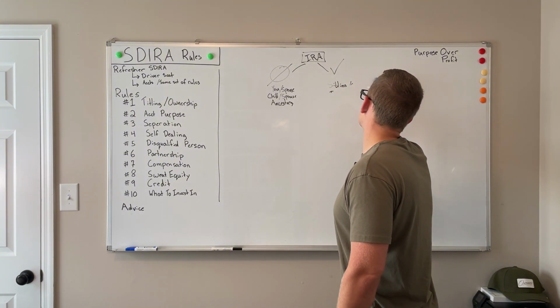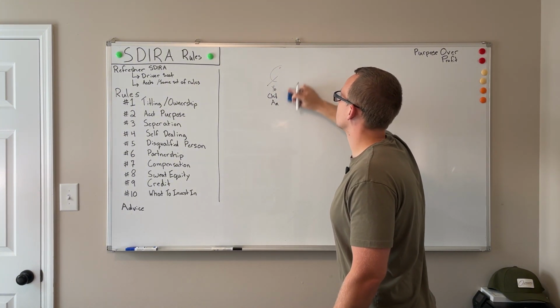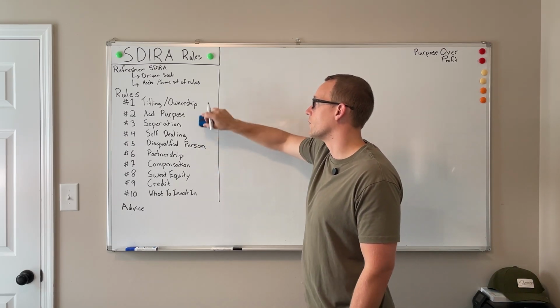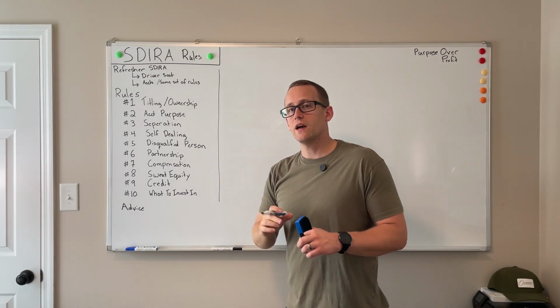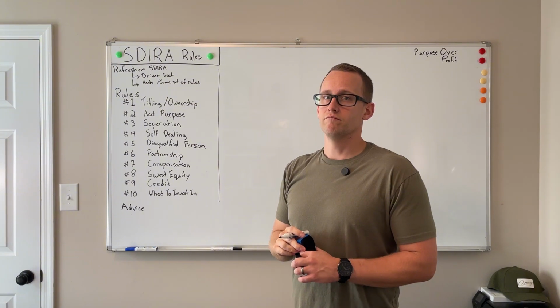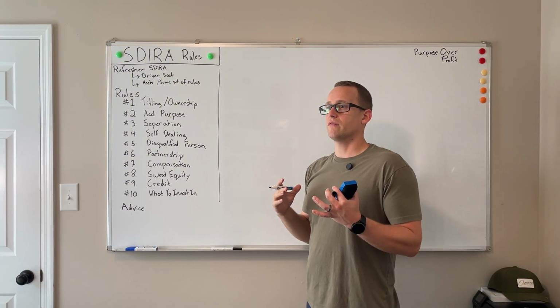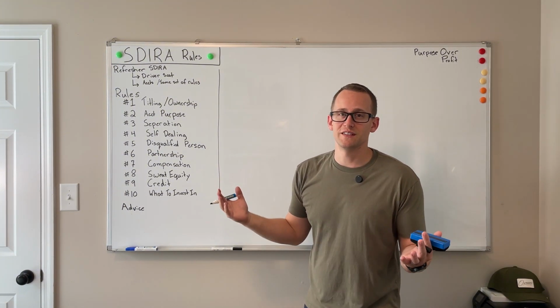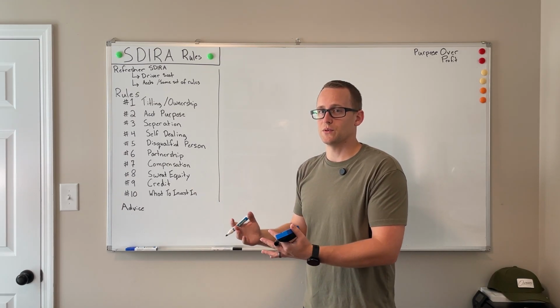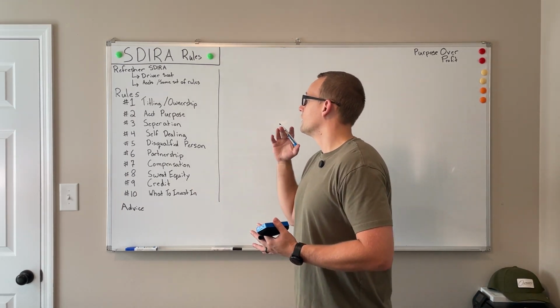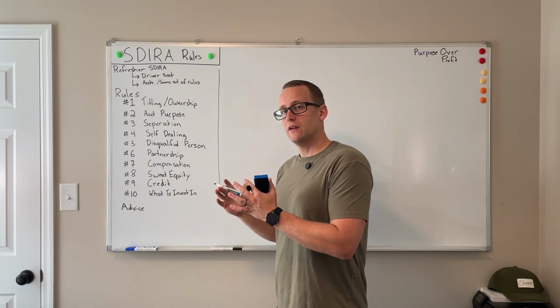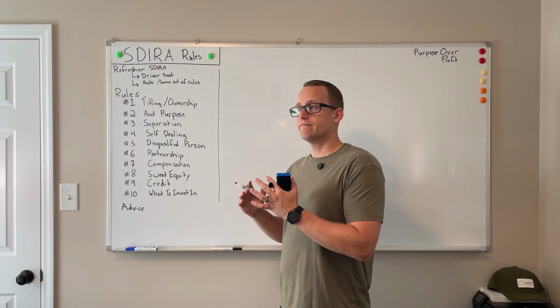And that kind of leads into compensation. Compensation is intertwined with self-dealing. You cannot compensate yourself within a retirement account. So say you have a property. Again, I'm in real estate. That's a lot of my examples. That's what I'm good at. Say you have a property and you want to manage it yourself.